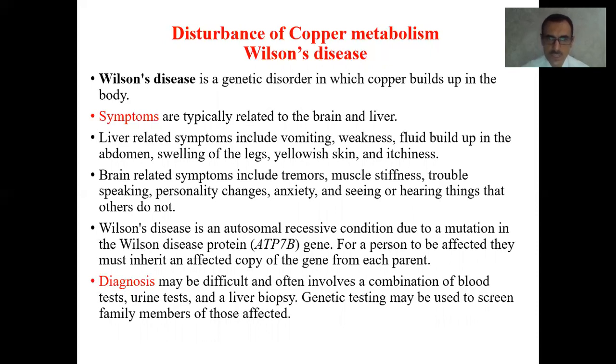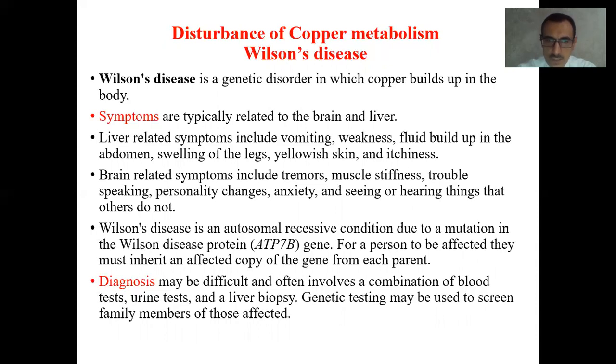Brain-related symptoms include tremors, muscle stiffness, trouble speaking, personality change, anxiety, and seeing or hearing things that others do not. Wilson disease is an autosomal recessive condition due to a mutation in the Wilson disease protein gene.